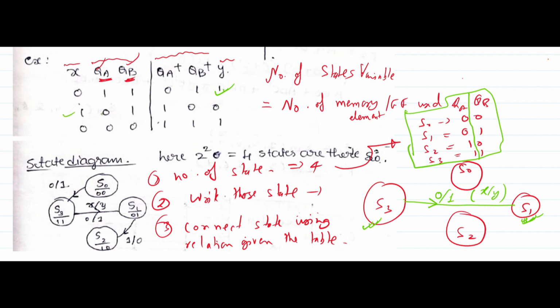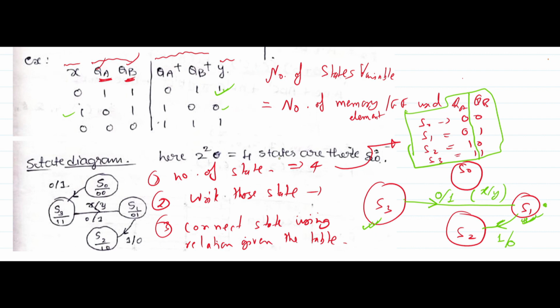Now if you see here, I'm in state 0 1 and I'm giving input 1. State 0 1 means S1. So I am in this state, giving input 1, and I am going to state 1 0, which means S2, right? So the arrow will be like this, from S1 to S2, by giving input 1, and in the process I am getting output 0.